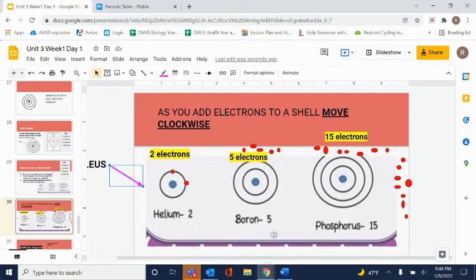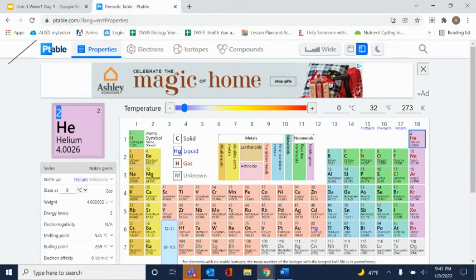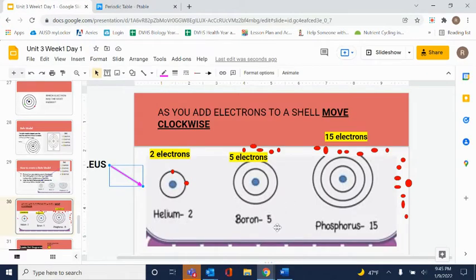Boron. Boron, if I look at my periodic table, has an atomic number of 5, which means it has 5 protons. Because it must have an equal number of electrons, boron also has 5 electrons. So going back, boron has 5 electrons. I'm going to add them now.